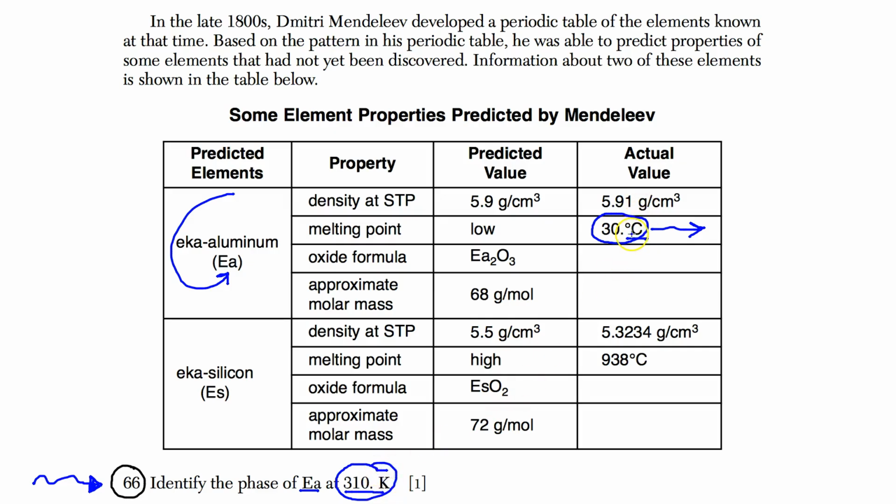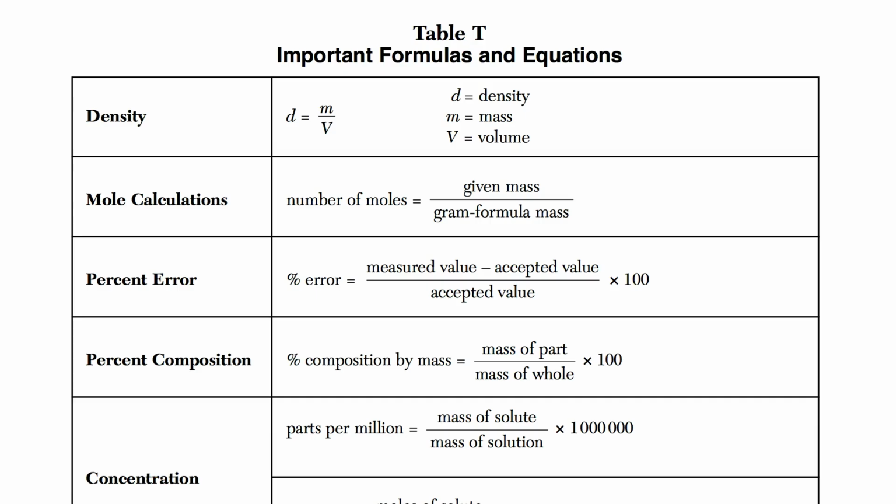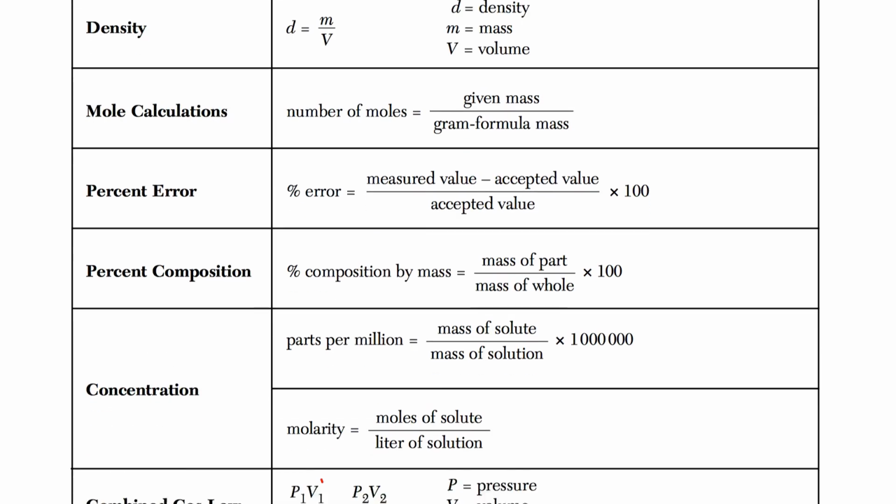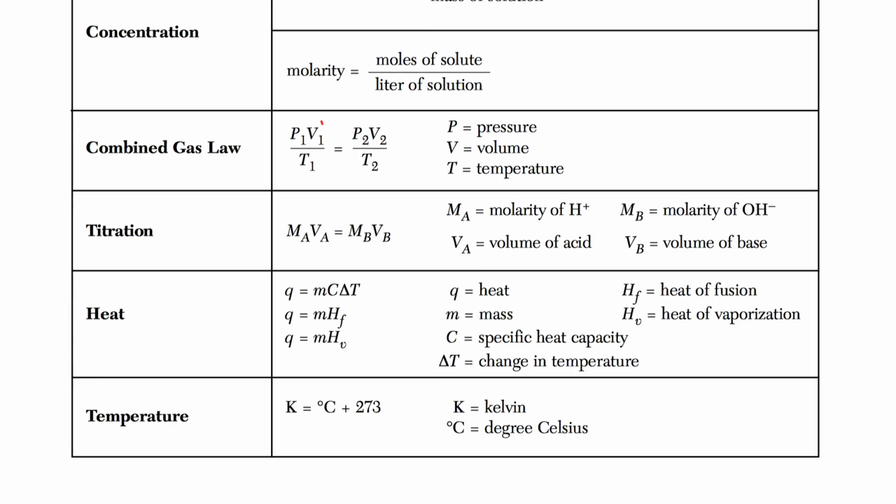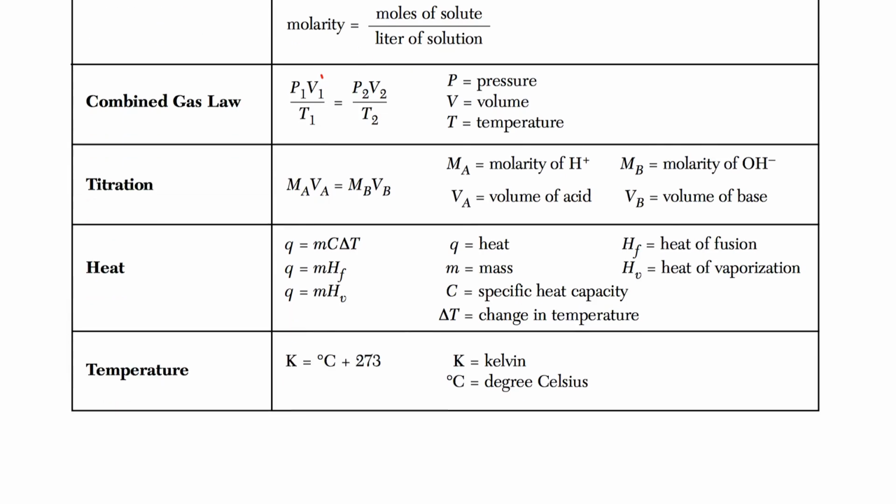So we're going to convert Celsius into Kelvin and compare the Kelvin. And we have a formula in table T. Table T is where you look for formulas if you need one. So let's go to table T. I scroll down and look for my temperature formula, and there it is.